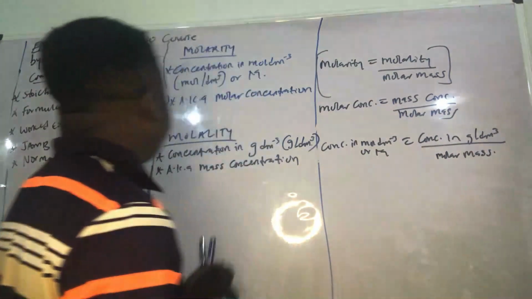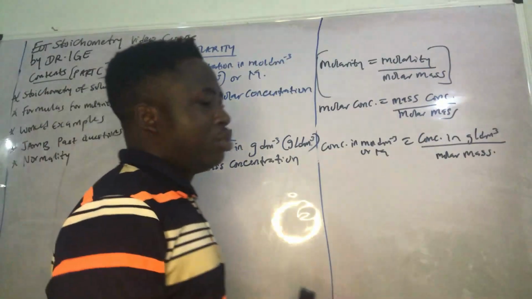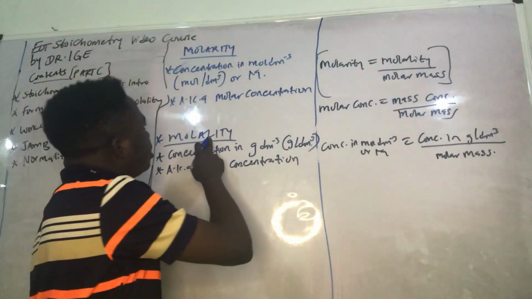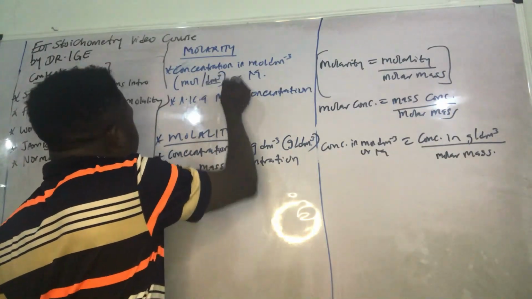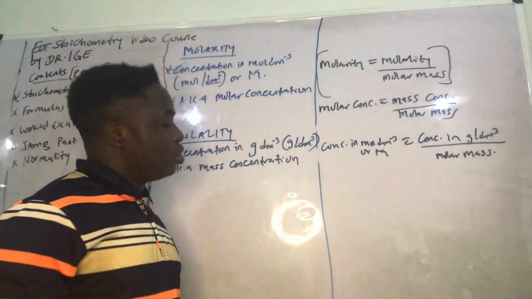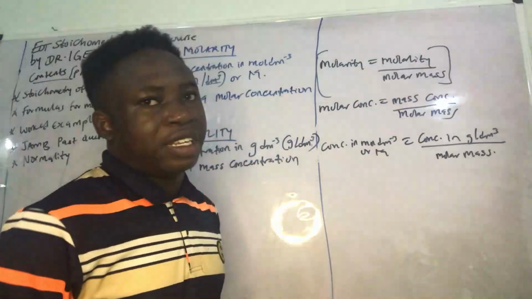So these are the basics when it comes to molarity. So you can actually convert. The other thing I want to teach you is this. Remember that molarity and molality are always per dm cube, not per cm cube.